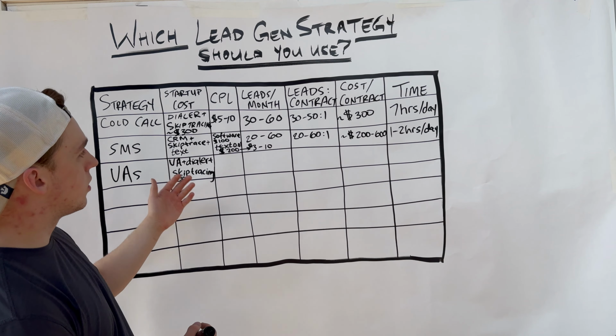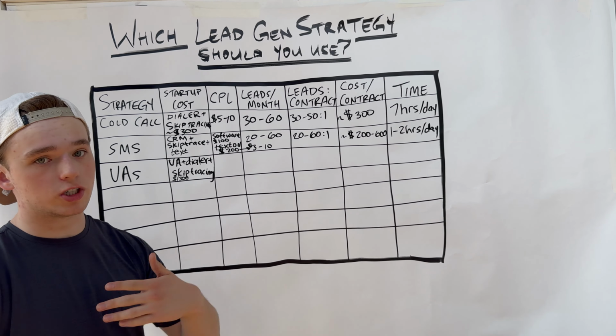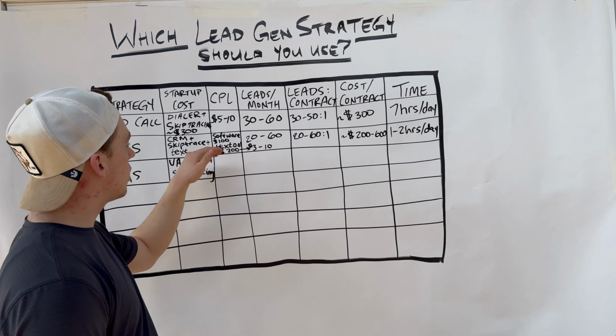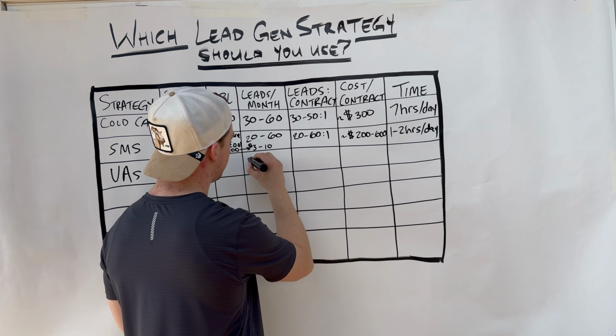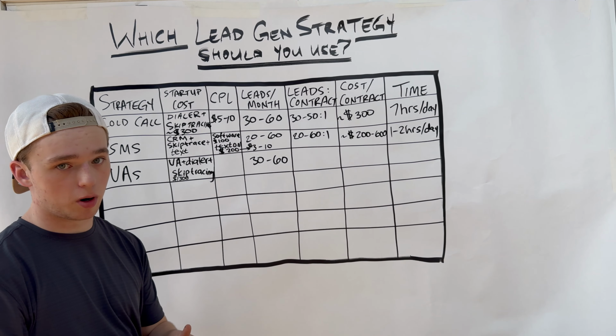Now again, the cost per lead depends on how many leads you're getting per month. If you're hiring out someone else to cold call for you, they're going to bring in about the same results that you would get calling yourself. So that would be about 1 to 2 leads per day, or 30 to 60 leads per month.